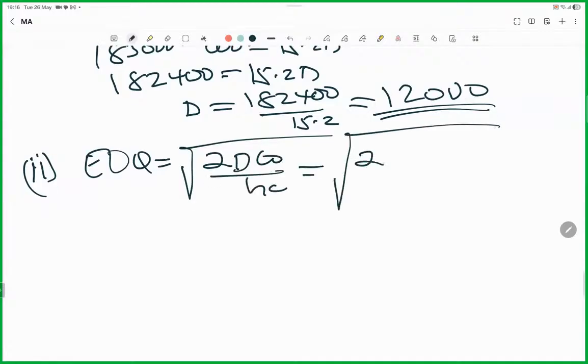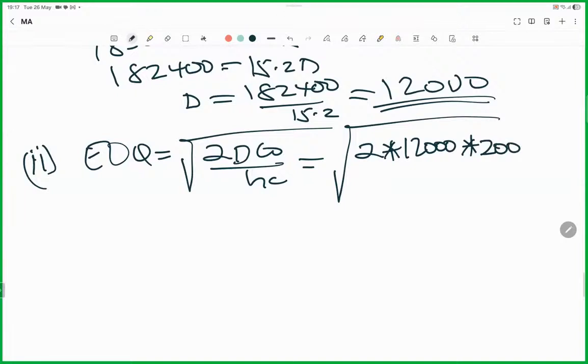HC, which will be 2 times annual demand, 12,000, times cost per order, 200, all over holding cost, which is 1.2. So inside brackets there, and then whatever you get, square root, which gives us 2,000.